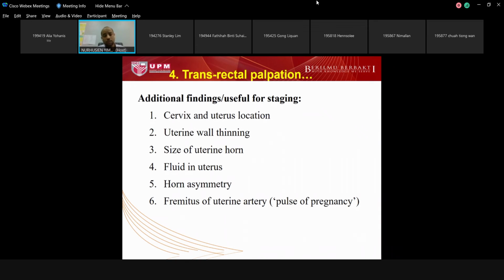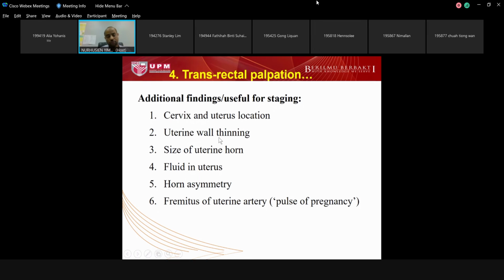So the location is very important, but you will be able to tell the location for all of these compartments if you are able to understand the anatomy clearly, the one that I mentioned to you, the pelvic anatomy. If you know the pelvic brim clearly as you palpate through the rectum, then it will be very easy for you to tell where the cervix is located, where the uterine body and the horn is located. So that will be very easy to tell. So please refer back to your basic anatomy for the pelvic cavity and also for the reproductive tract.